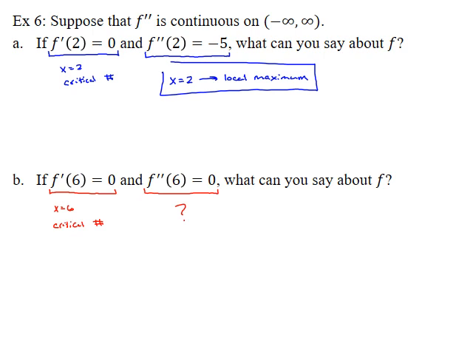That tells me absolutely nothing. That number has to be either negative, meaning local max, or positive, meaning local min. If it equals 0, it doesn't tell you anything, and it just means that you need more information. There's not enough information here to make an educated answer.